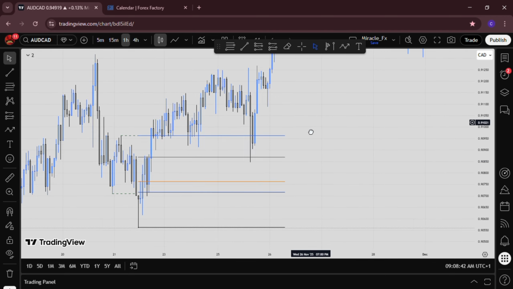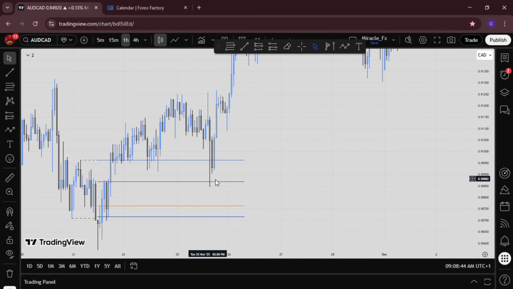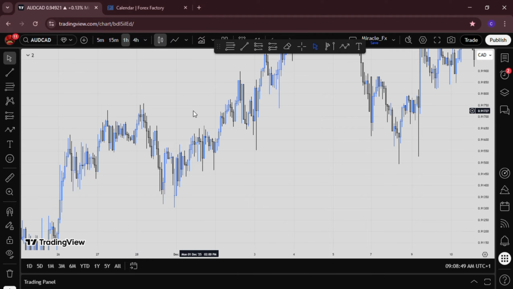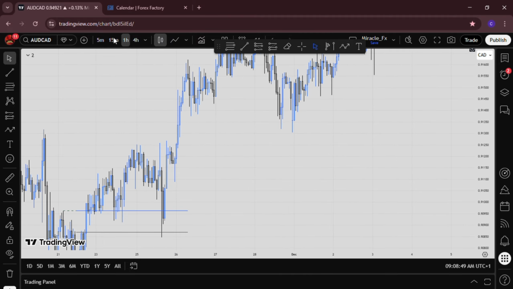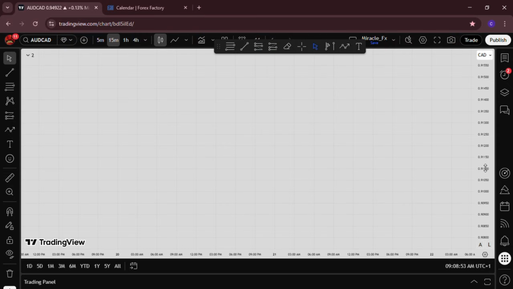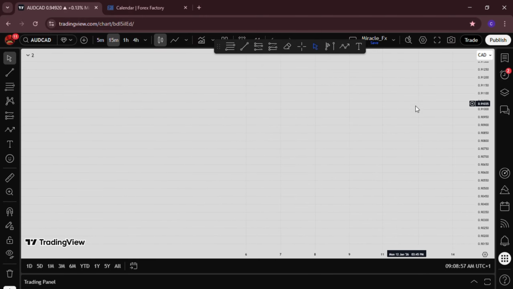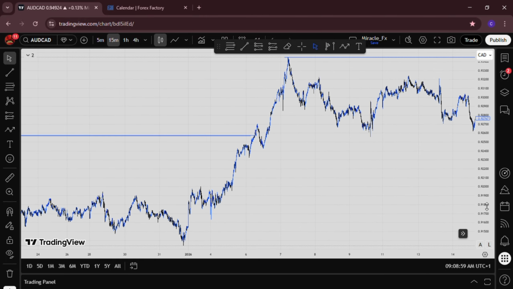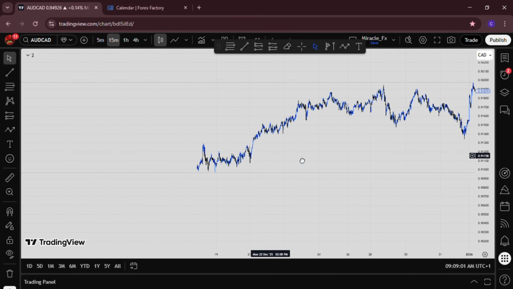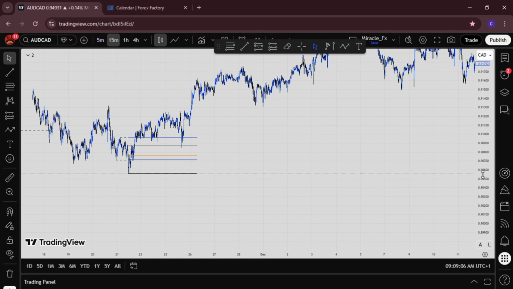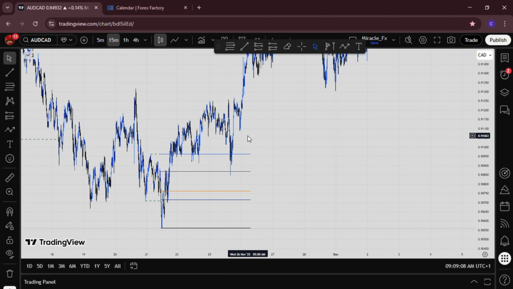So price goes to this zone, I take my buys, and then for the target, I go to the 15 minutes. I do take my entry on the 15 minutes time frame.